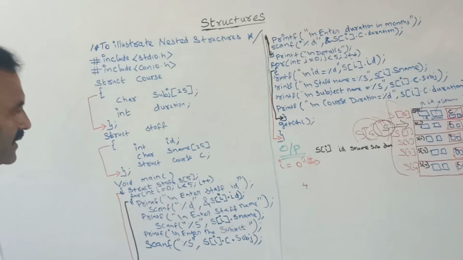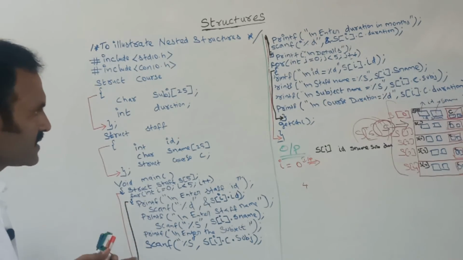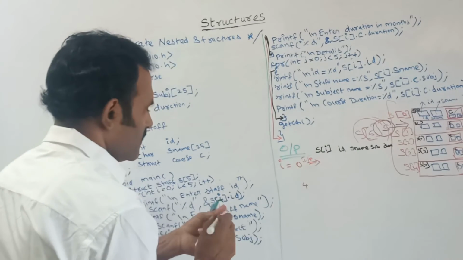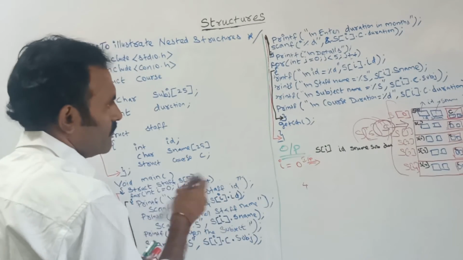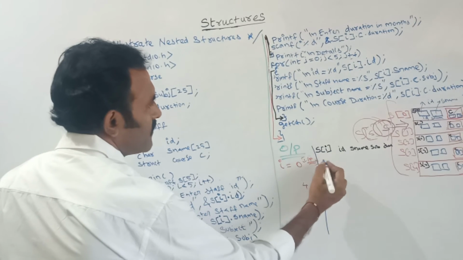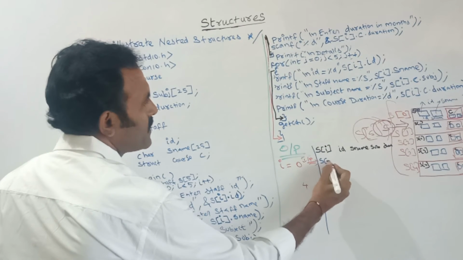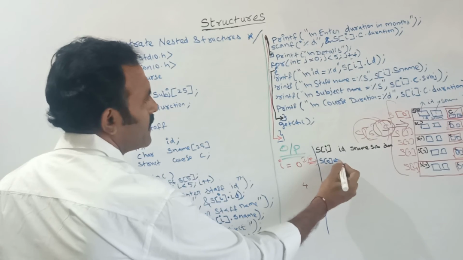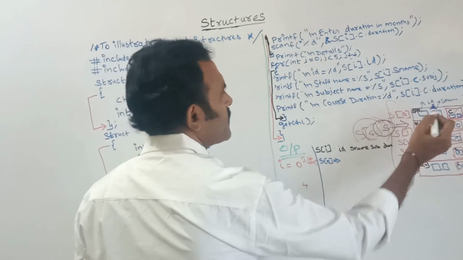So here when I is equal to 0, at the very first, this is the S of 0th position, and now I am getting the input for this position.